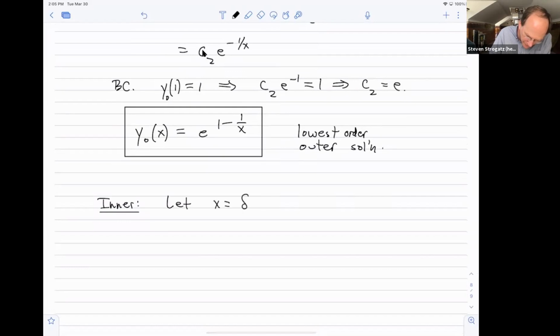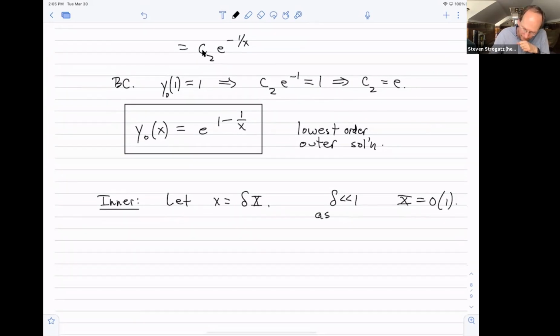Let x be delta times big X. That's our usual move, written a little bit strangely, where we're thinking of delta as much less than 1, and big X is order 1 in the layer. This is as epsilon is going to 0 from the positive side.